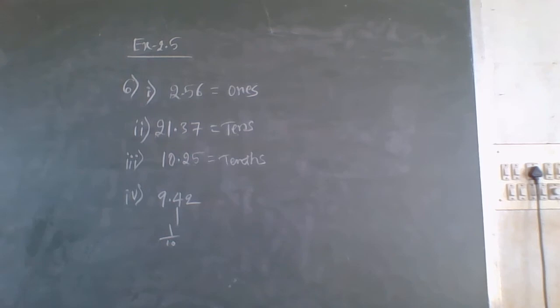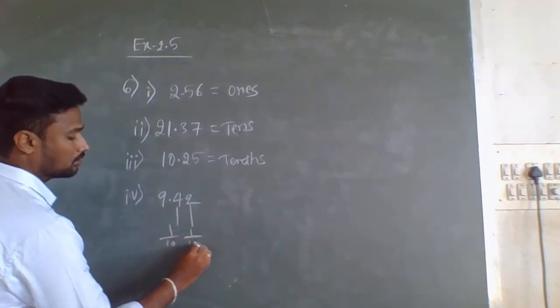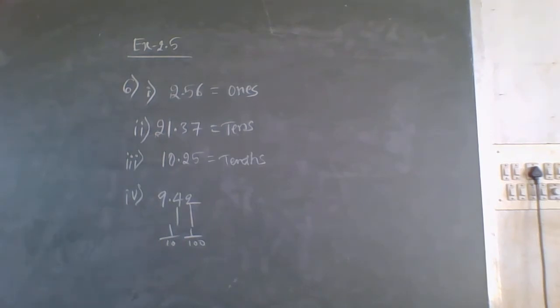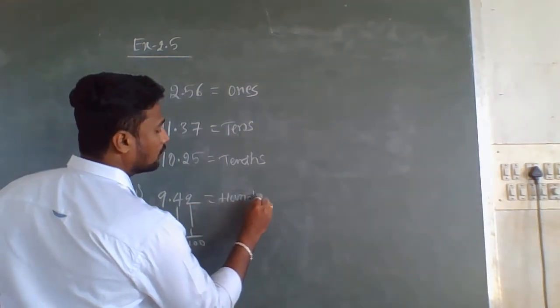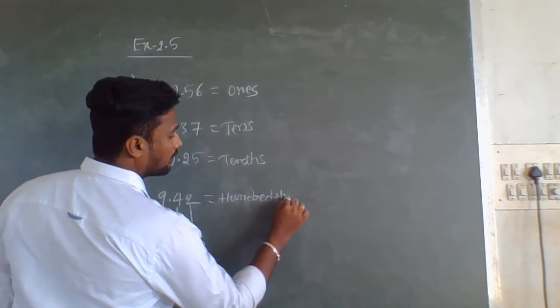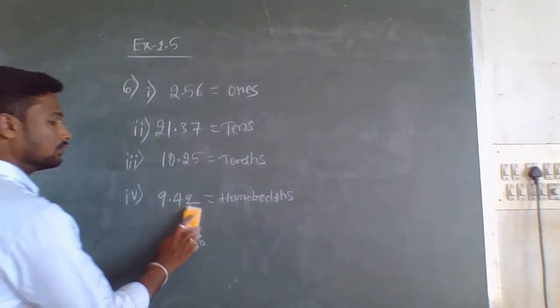After the tenths position, hundredths position means 1 by 100. So this position is known as the hundredths position. Here I will write hundredths position.